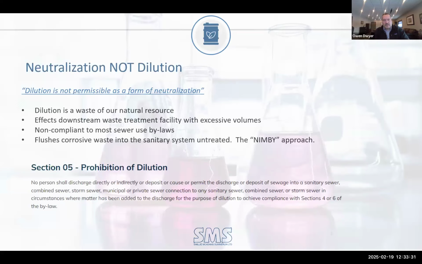Basically, it says in the end, has been added to the discharge for the purposes of dilution to achieve the compliance. So they do not want you to use waste of natural resources, let's say fresh water, in excessive volumes to dilute your acidic or caustic effluent.